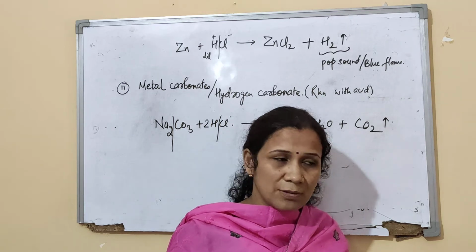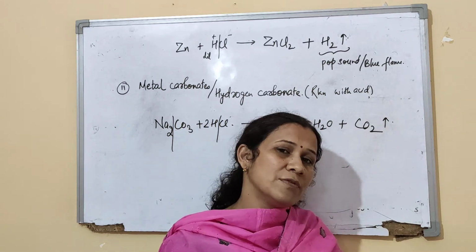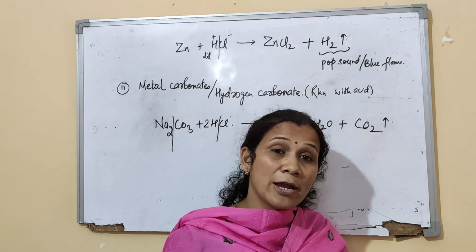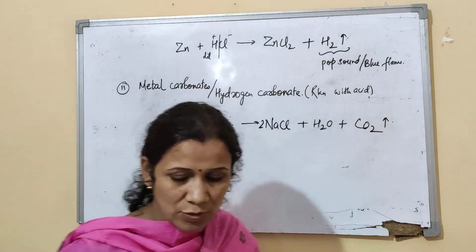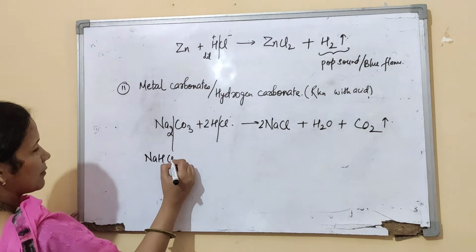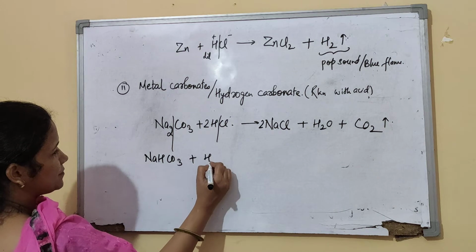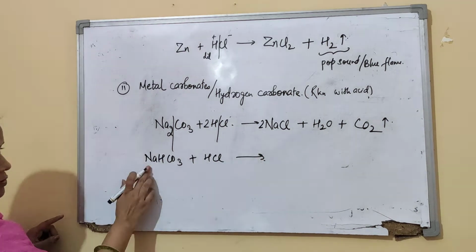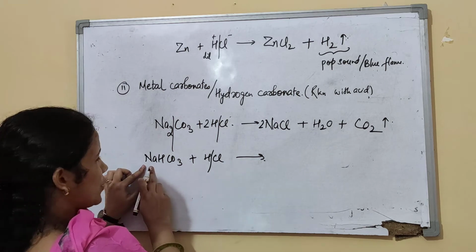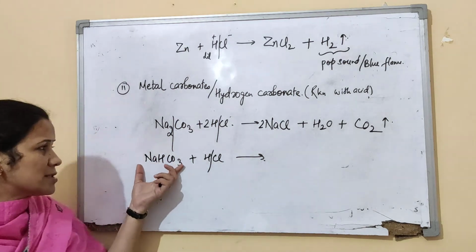In accordance with this rule, we will write a few more equations and also practice how hydrogen carbonate is going to react. So let's see hydrogen carbonate. Sodium hydrogen carbonate plus HCl. Sodium and chloride, again this is a salt.